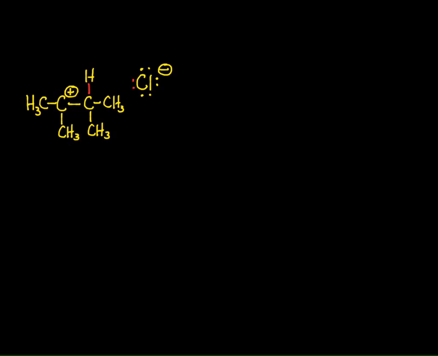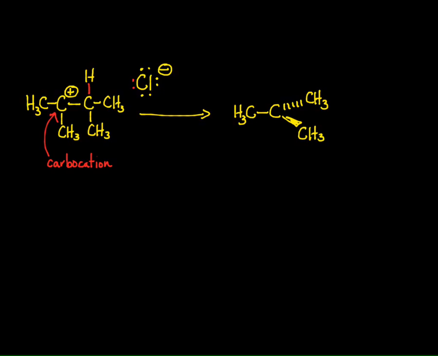It was sp2 to begin with. It's still sp2 now, but now I have an empty p orbital because the electrons went to only one of the carbons. So if I take a look at that carbocation, I have to recognize that it is still sp2 hybridized and it has a p orbital. And so I can draw the geometry of it. This is the carbocation and it has an empty p orbital.